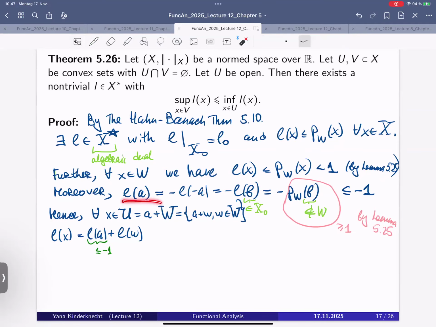We have seen it. And L of w is smaller than 1 since w belongs to the interior of big W. Again, by lemma 525, we have that this L of x is smaller than -1 plus 1, that is 0.